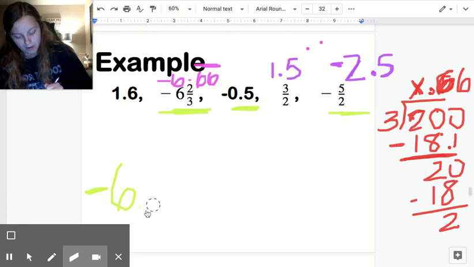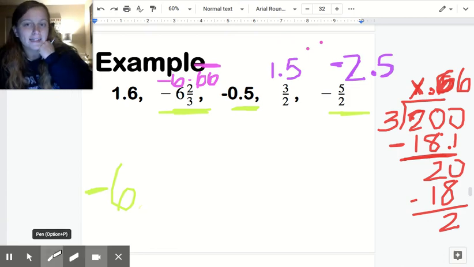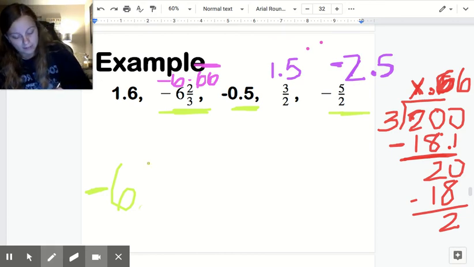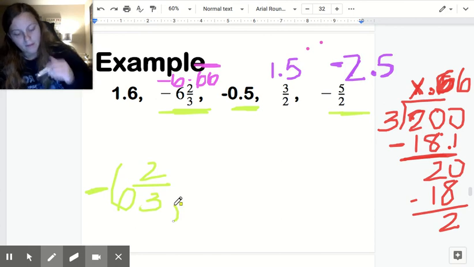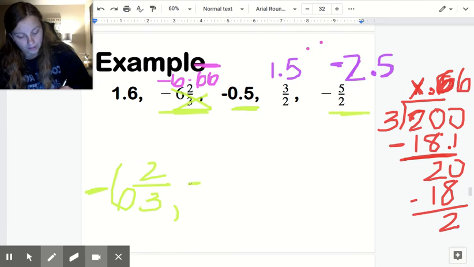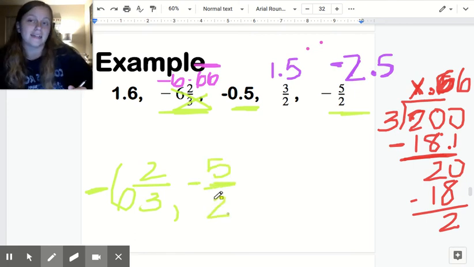But remember that I'm not going to write -6.6. I'm going to write its original number, -6 2/3. My next number, I'm done with that one. I've got a -0.5 and a -2.5. Well, -2.5 is smaller. And remember, it wasn't -2.5, it was -5/2.